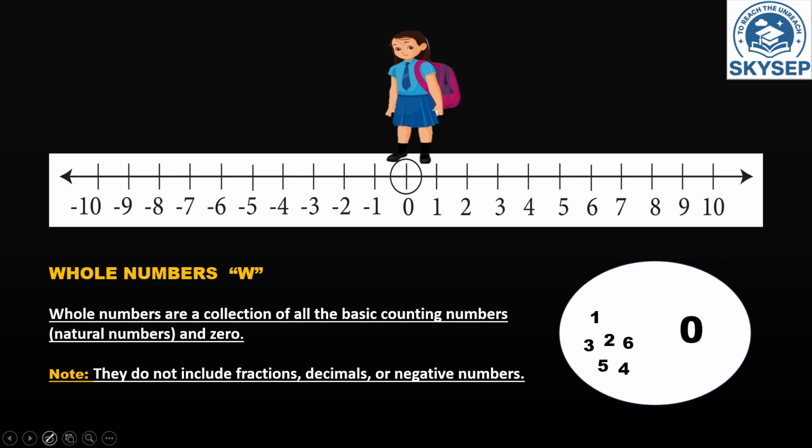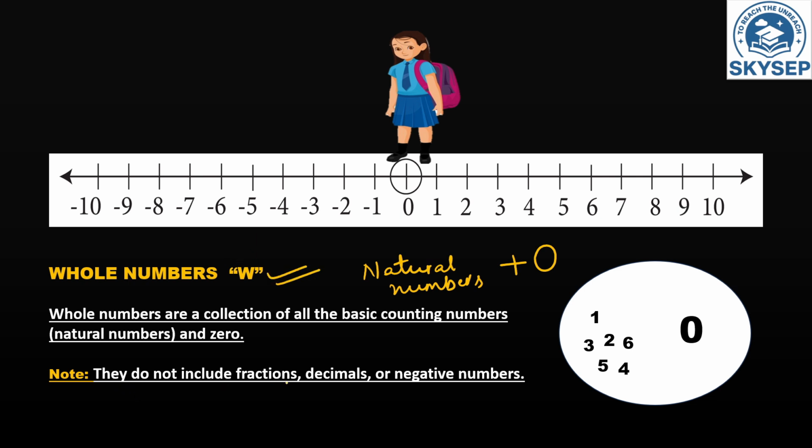In the previous slide, what we have understood, all counting numbers are called natural numbers. That means whole numbers contain both natural numbers along with 0. This is called whole numbers. These whole numbers, we represent by the term W.